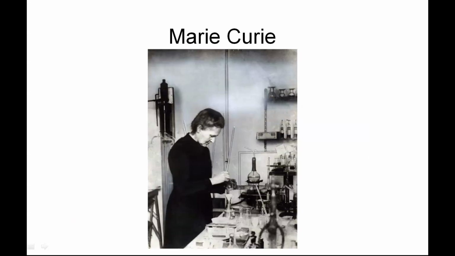Marie Curie died of leukemia, and you probably know that leukemia is a type of blood cancer. Why did she develop leukemia? This is because of her research and handling of radioactive isotopes, which are very, very dangerous for human health.